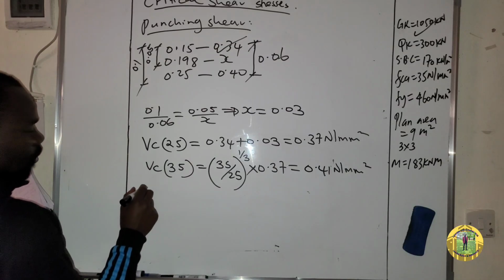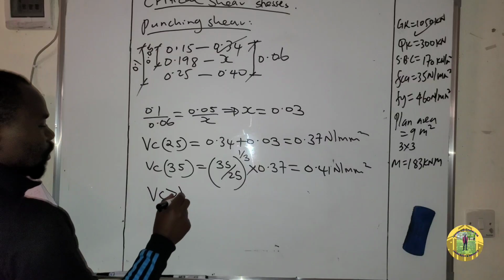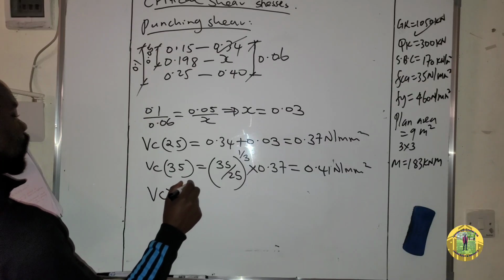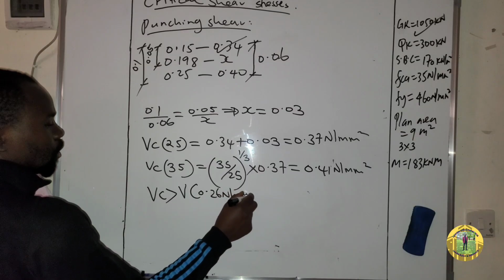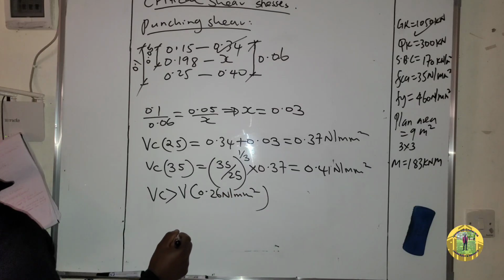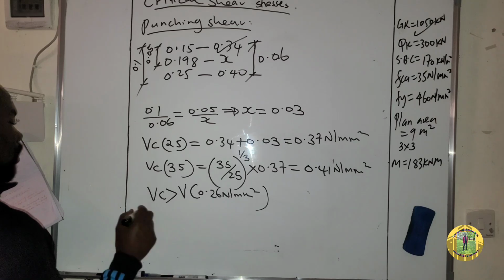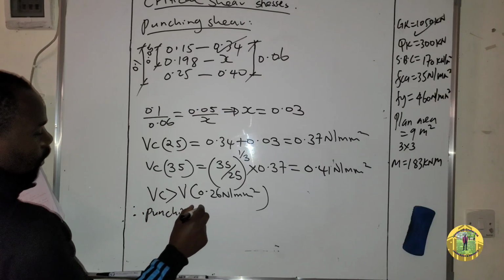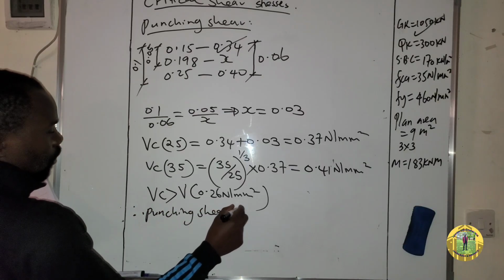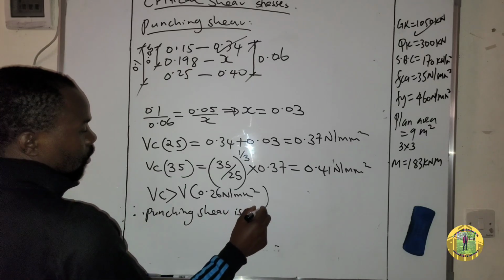So our vc is greater than v. So v is 0.26 Newton per millimeter square. Therefore, punching failure is unlikely. So therefore, punching shear is unlikely.